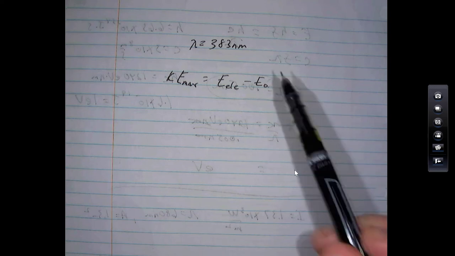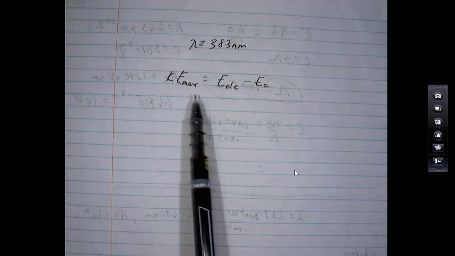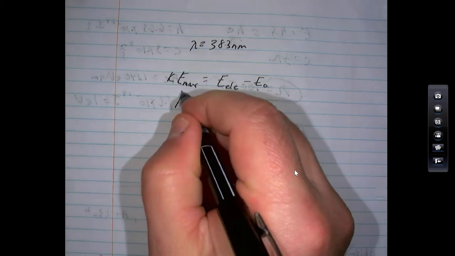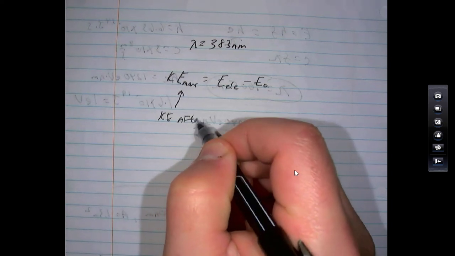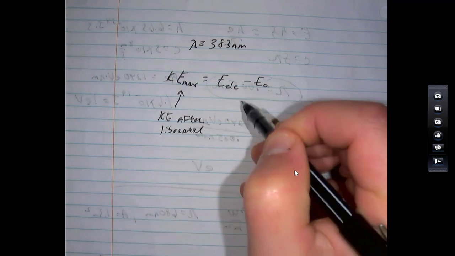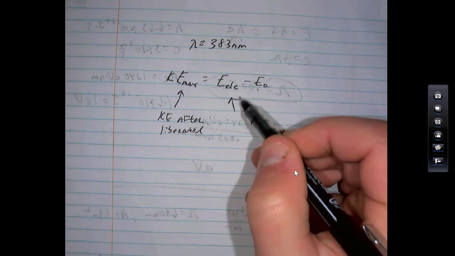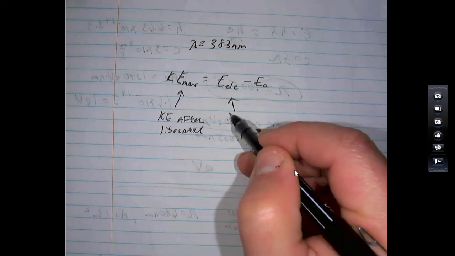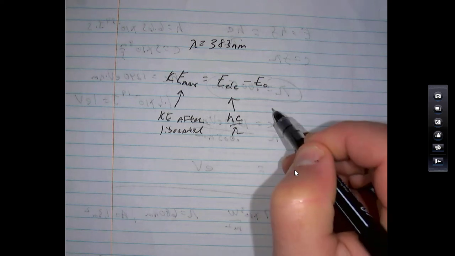Here's the wavelength of the incoming photon, and we're trying to liberate the electron. So the maximum kinetic energy that the electron could have after being liberated, or freed, however you want to think about it, is the energy of the photon that's coming in, hc over the wavelength, minus the work function.